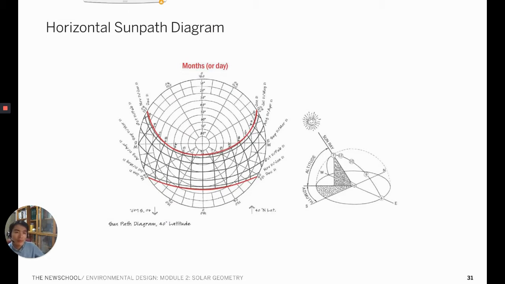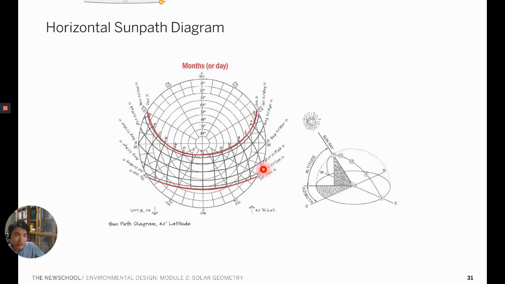These curved parallel lines represent a sun path that follow the duration of the day. There are two extreme days at the top and bottom, highlighted with red. The line moves up and back down for the duration of the year.